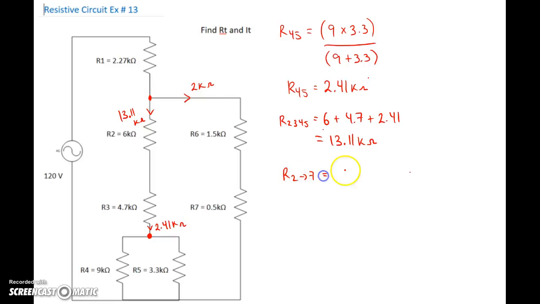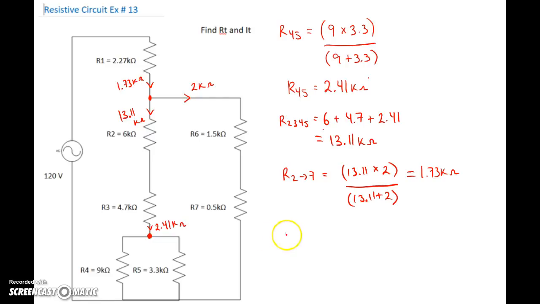And we're going to do the product over sum of 13.11 times 2 over 13.11 plus 2. So the combination of 2 through 7, when you put it into your calculator, gives you 1.73 kiloohms. Beauty, because we were looking for a value that was less than 2, right? So all of that there is the same as 1.73 kiloohms.